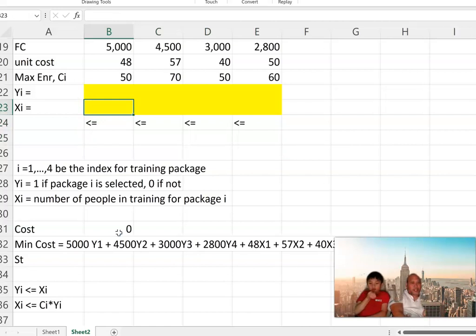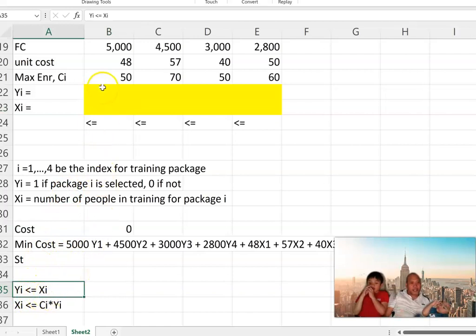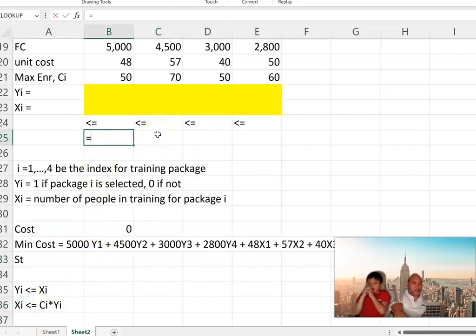And we also want to incorporate the constraint that yi is less than or equal to xi, so we can do that later. Then we also have xi less than or equal to ci times yi, so we need to have ci times yi.